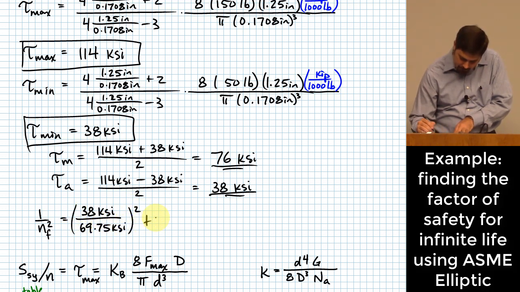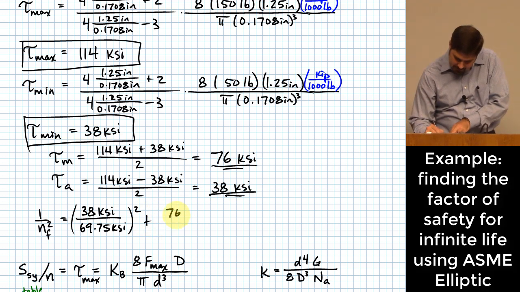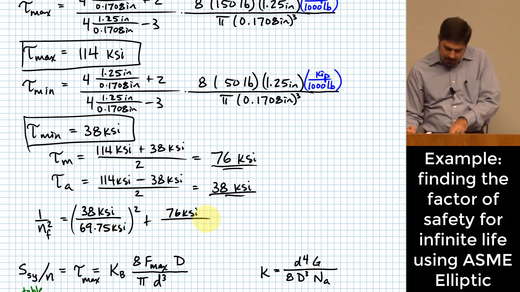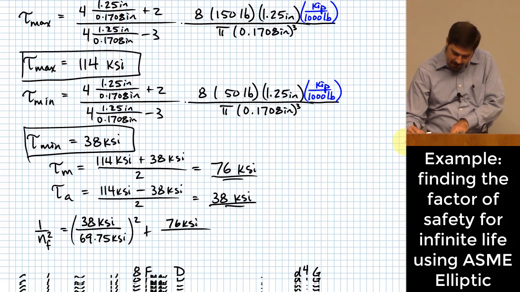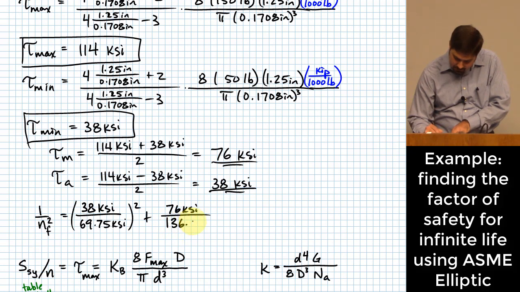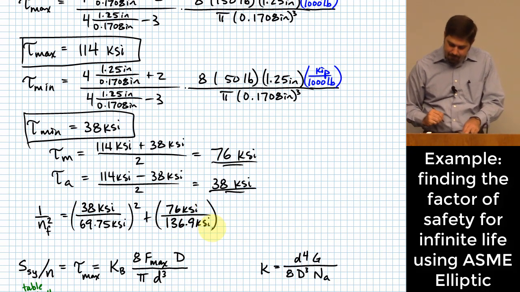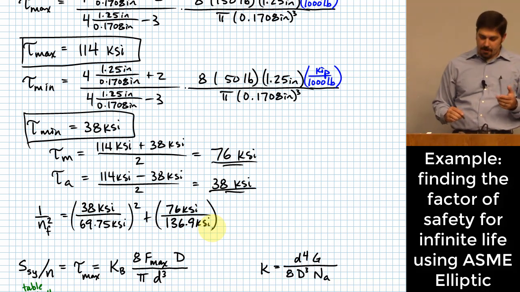This squared plus 76 KSI as my mid-range shearing stress, divided by the 136.9 KSI that I found a moment ago for my yielding strength in shear.